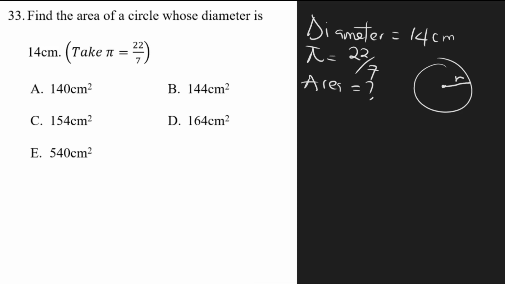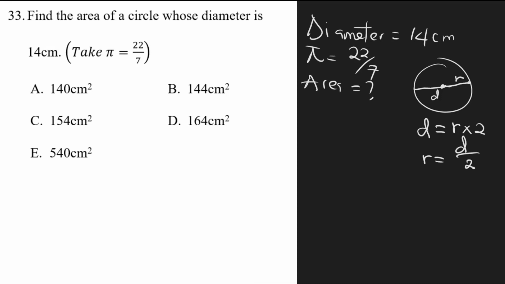And any line from the circumference, through the center, to another part of the circumference is called the diameter. So that means if you have a diameter, you can get the radius from it, right? So diameter is the same as radius times 2. If you have a radius, you multiply by 2, you're going to get the diameter. And if you have a diameter, you want to get the radius, you just simply say diameter divided by 2.